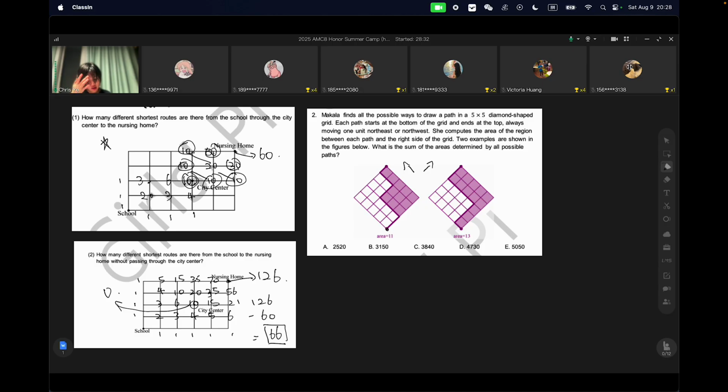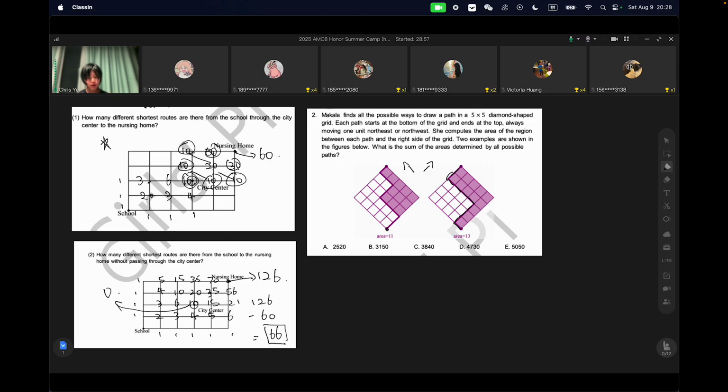To compute the area of the region between each path and the right side of the grid, 2 examples are shown in the figures below. What is the sum of the areas determined by all possible paths? Basically, as you can see, both of these have 1, 2, 3, 4, 5, 6, 7, 8, 9, 10 total steps, and 5 of these are going northeast and 5 go northwest.